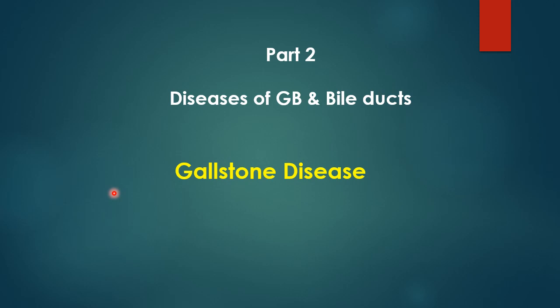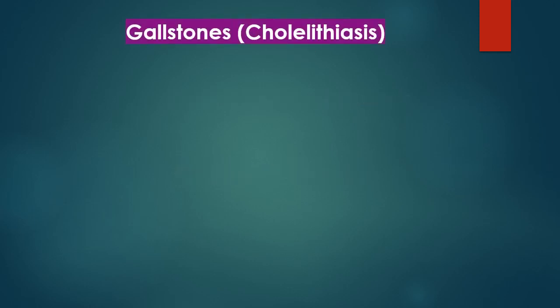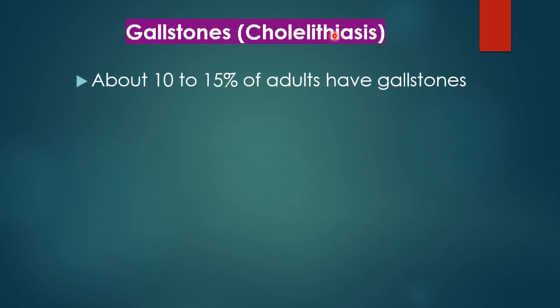Next, we come to part 2, the gallstone disease. Gallstone disease, also known as cholelithiasis, is a very common disease. 10 to 15% of adults have gallstones, and 80% of them are asymptomatic.